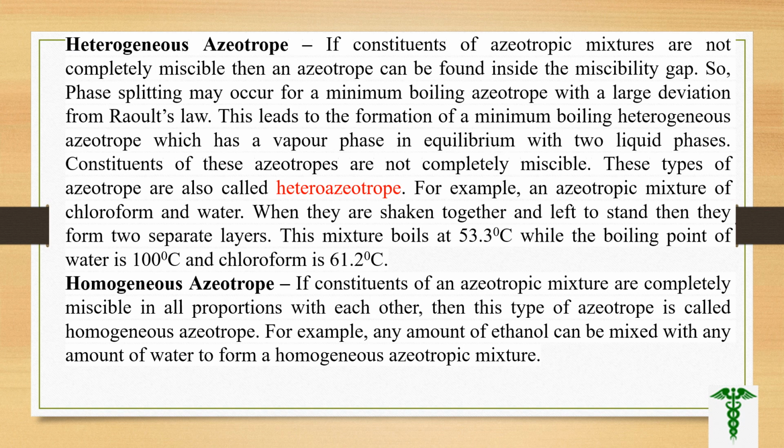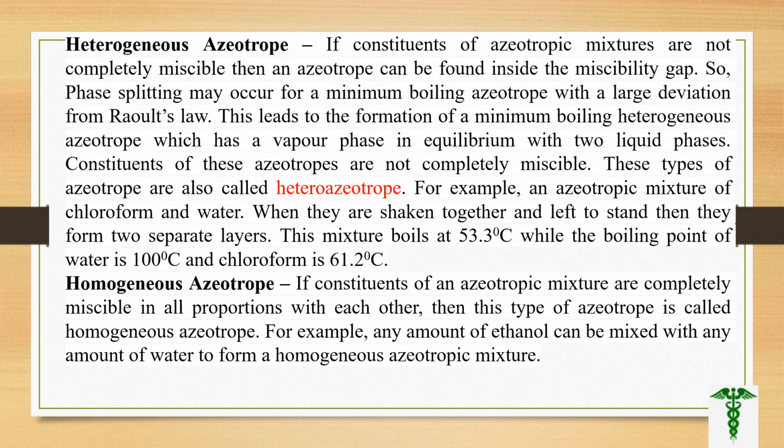Hetero means the constituents are not completely miscible. That is why we can see a miscibility gap, and phase splitting occurs in the mixing process. It separates because it is not completely miscible. Such an azeotrope we call heteroazeotrope.